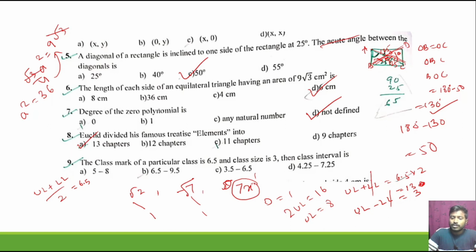So put the value: upper limit is 8, and the lower limit is 8 minus 3, so 5. So the class interval is 5 and 8. So option A is the correct answer. Understand? Next question.